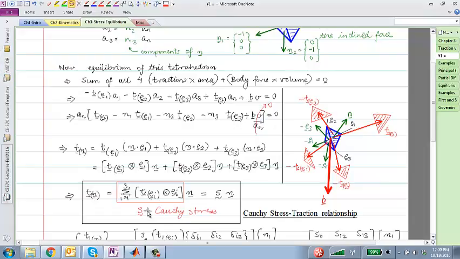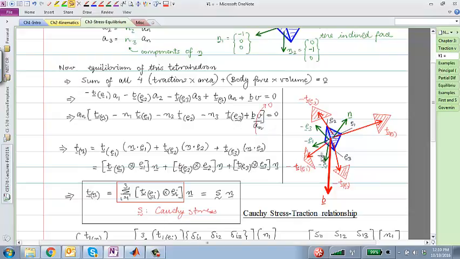Once again, this Cauchy stress is coming from the free body diagram of this arbitrary point in a deformable body with a small neighborhood that we considered like a tetrahedron, and by doing just sum of forces, by relating the four tractions on these four faces, the body force contribution went to zero as delta x tended to zero.